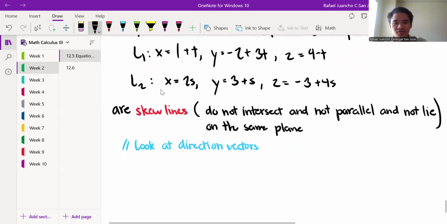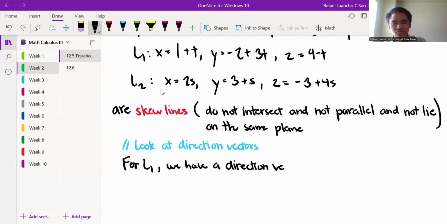That's how we can say they're not parallel. So here we see that for L1, we have a direction vector. And if we look here, this is what the direction vector is. 1, I believe this is positive 3. Yeah. And then -1. So it actually has 1, 3, -1.